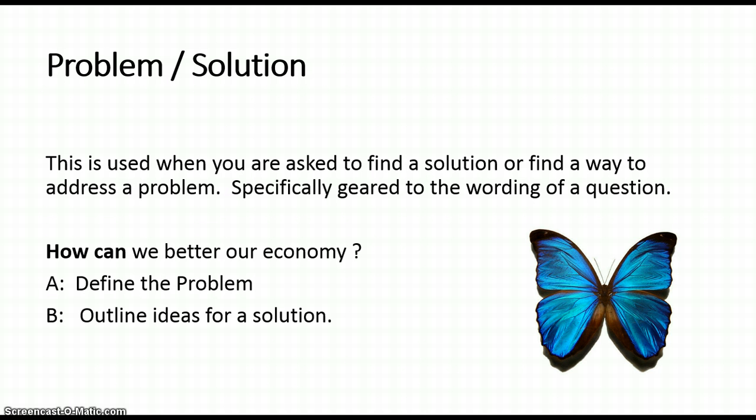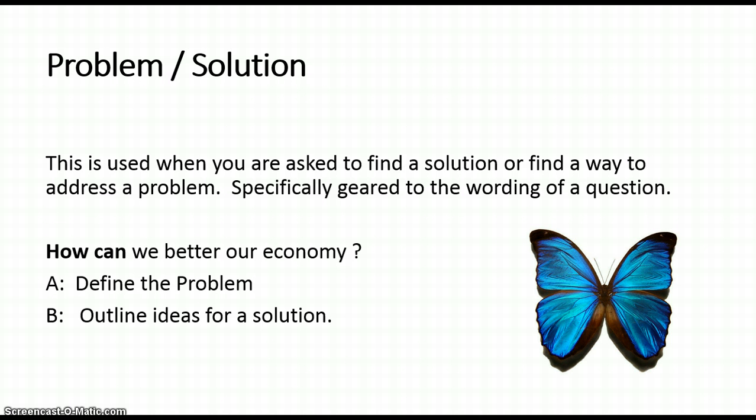I'll provide some more examples in class. They've left me at the moment, but it's really specifically geared to the wording of a question. What can we do? You define the problem, and then you outline ideas for a solution. So it's really nice and simple. If it was the bullying one, how can we lessen the amount of bullying at our school, right?